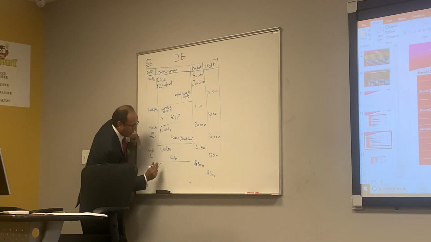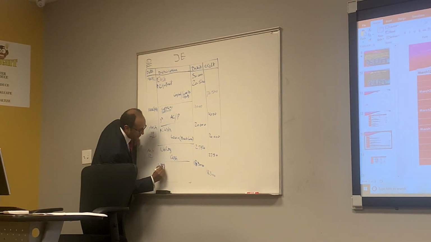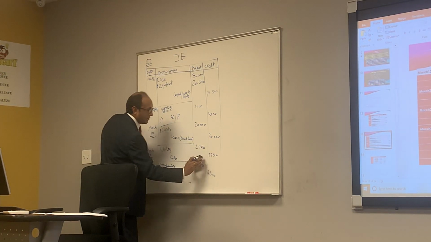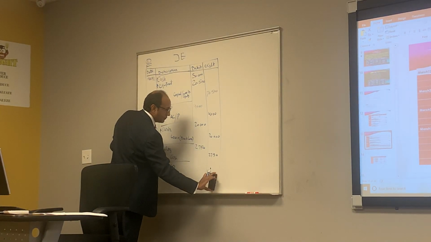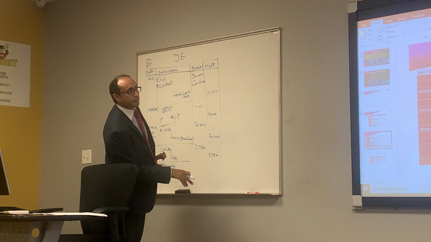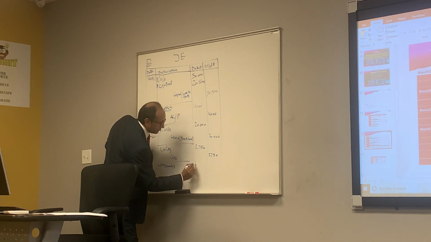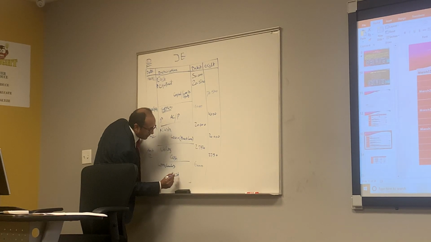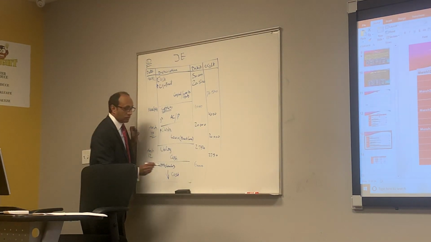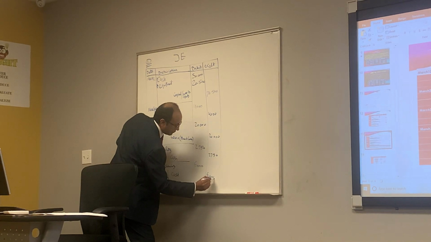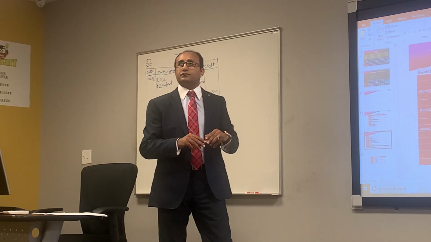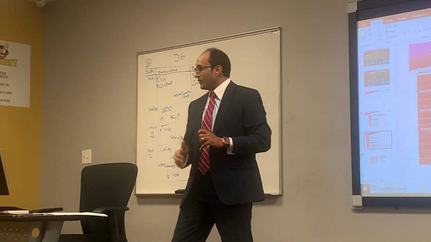So here, withdraw, and on the debit side, how much? 6,000. And the cash too decreases with the $6,000. Okay? Clear? Questions? So move on.